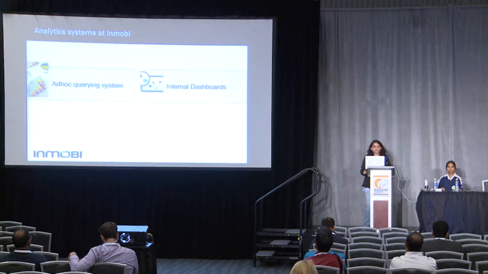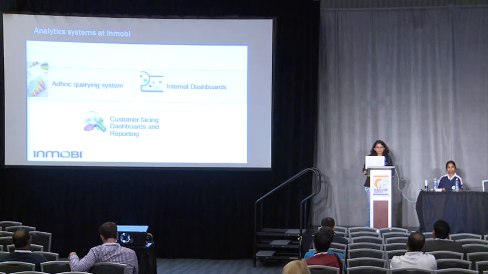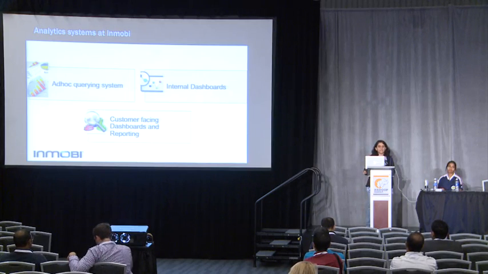The second system is a dashboard querying system, which is based out of a columnar data warehouse, and it primarily runs interactive queries. The third system is an external customer-facing system, which is based out of Postgres currently, and it is highly interactive in nature, and it has tight SLAs bound to it.